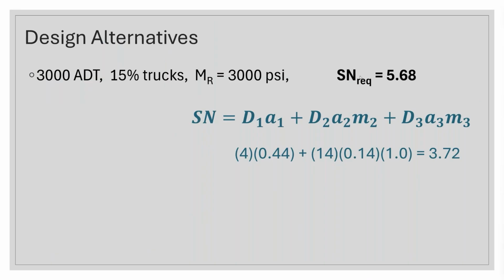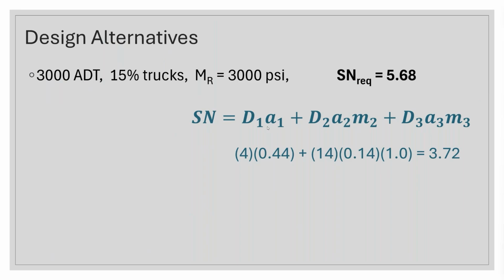So what's happened here is I calculated, I believe, that very first example we did: 3,082, 15% trucks, 3,000 PSI resilient modulus of soil. That gave us a required structural number of 5.68. So I want to add all this stuff up and get something that's at least 5.68.